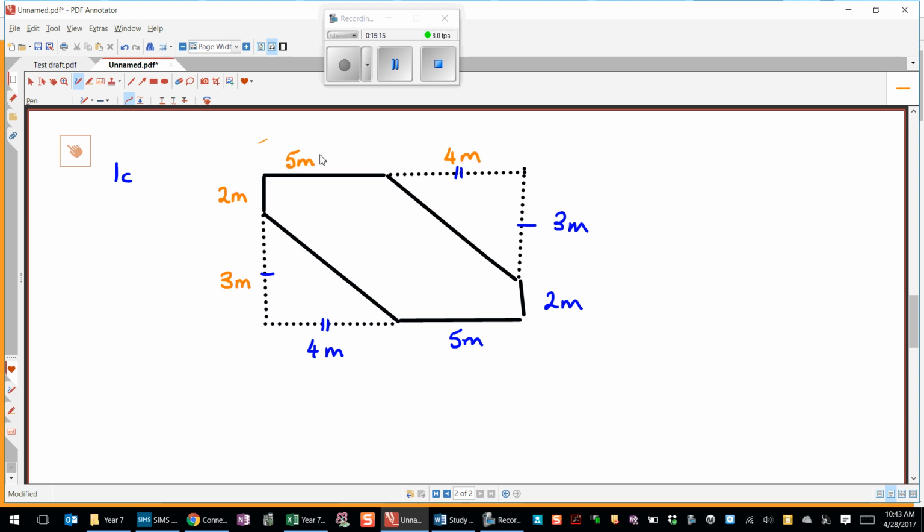Do we definitely know that? It has to be, doesn't it? If that one here has got to be 4 meters, that has to be 5 because we've got a rectangle. So we want to know the area of this shape, the shaded shape.